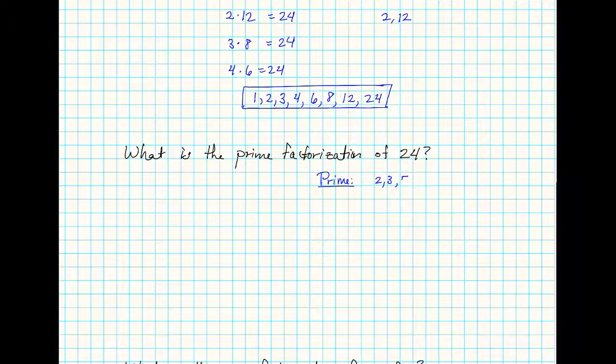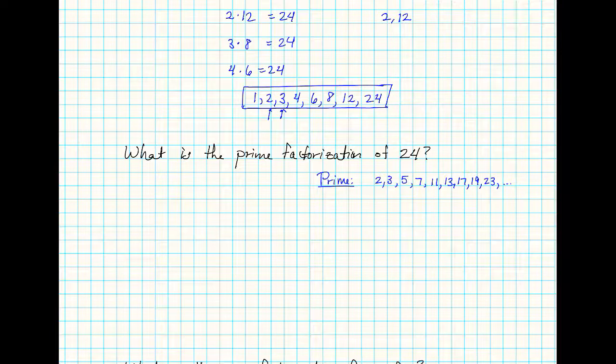So 5 is prime, 6 is not prime because it is 2 times 3, 7 is prime, 8 is not prime because it's 2 times 4, 9 is not prime because it's 3 times 3, 10 is not prime because it's 2 times 5, 11 is prime, and 13 is prime, 17 is prime, 19, 23, and so on.